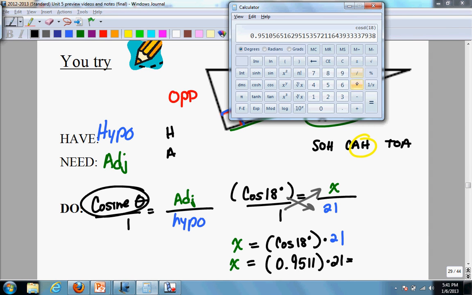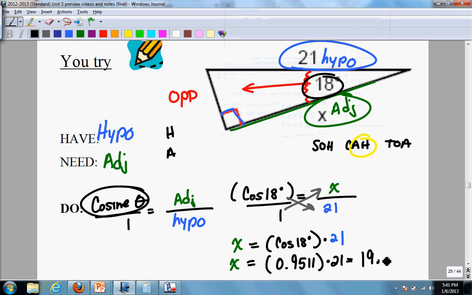So in this case, I simply times by 21, and I get 19.97. And since I've told you you can round to the nearest tenth, this actually bumps up, so we're going to call this 20. So that's how you find a side.